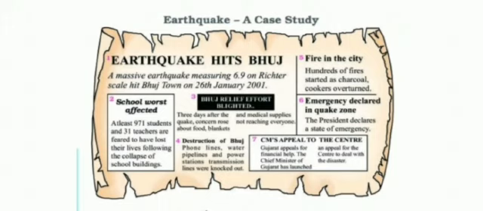The second one is school was affected. Because of this huge earthquake, 971 students and 31 teachers are feared to have lost their lives because of the huge destruction in school buildings. Next one is Bhuj relief effort blighted. Here blighted means had some problem.